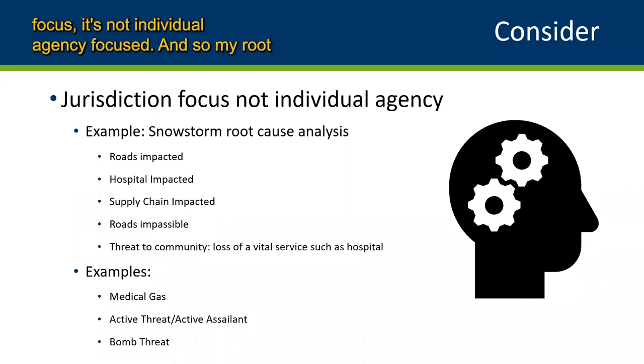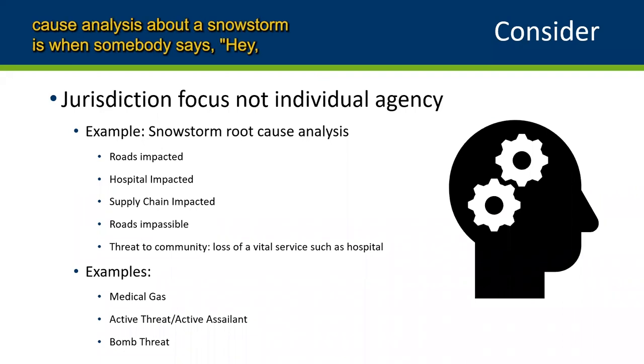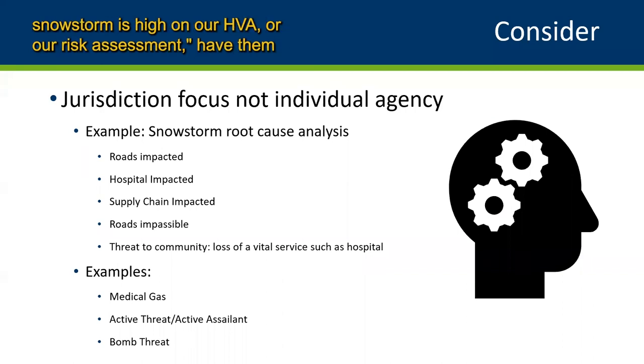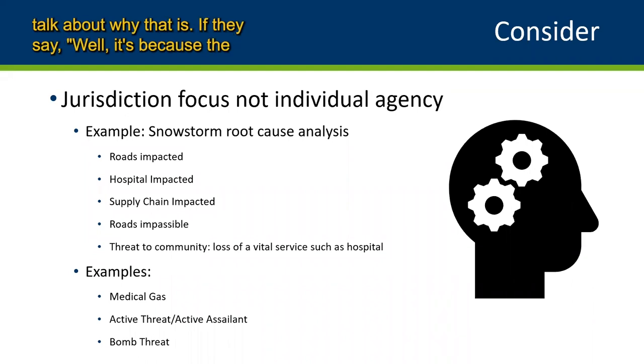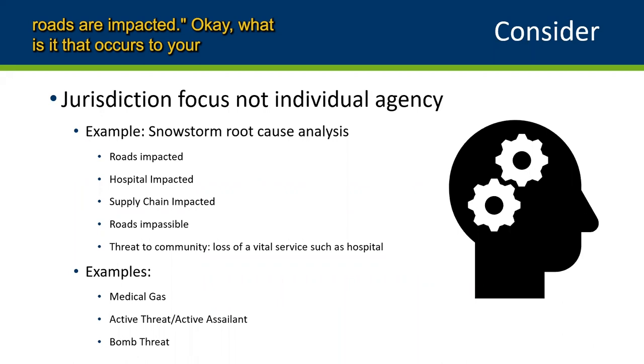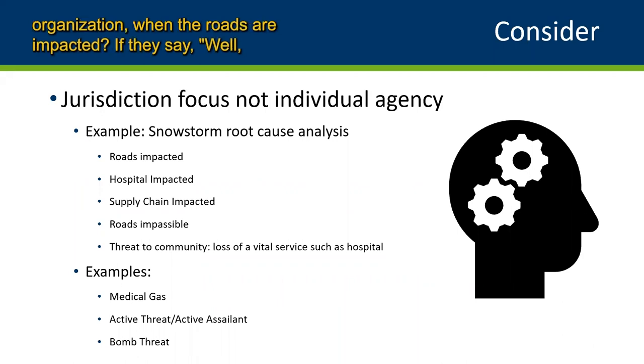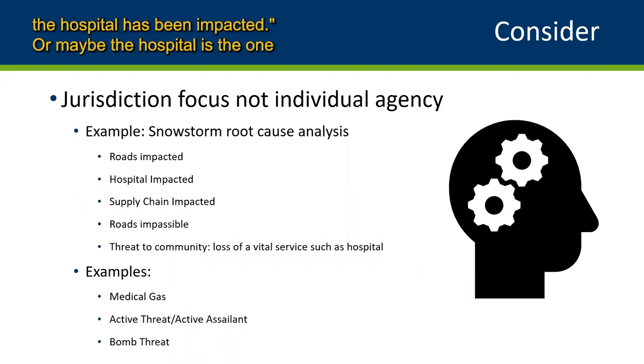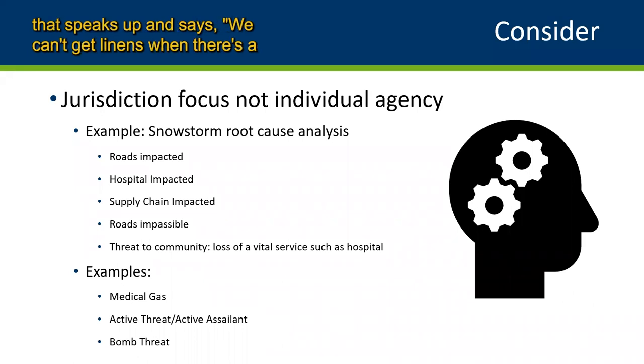And so my root cause analysis about a snowstorm is when somebody says, hey, snowstorm is high on our HVA or our risk assessment, have them talk about why that is. If they say, well, it's because the roads are impacted, okay, what is it that occurs to your organization when the roads are impacted? If they say, well, the hospital has been impacted, or maybe the hospital is the one that speaks up and says, we can't get linens when there's a snowstorm.